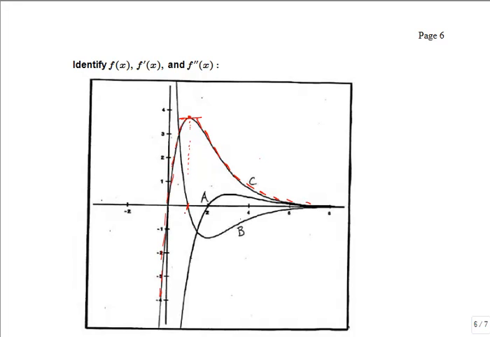And that corresponds to all of these y values here being negative. So what that tells me is the derivative of the C graph equals the B graph. Okay? So when I take the derivative of this C and look at all those tangent lines, those slopes get plotted as the y values on the graph of B.